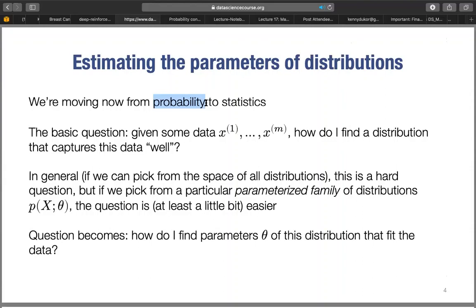He's saying now they're moving on from probability because he did probability in the last two statistics sessions.